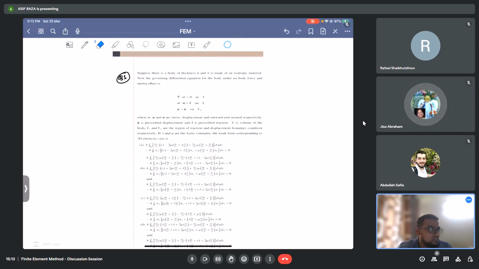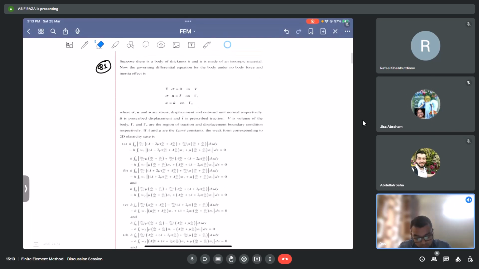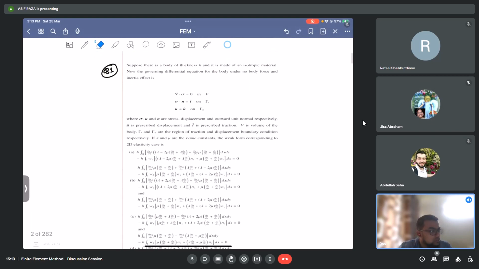So we'll start today's session with the first question relevant to week 9, or assignment 9. I hope it's visible to all. The question is: suppose there is a body of thickness h made up of an isotropic material. The governing differential equation for the body under no body force and inertia effect is given by this, where sigma, u and n are stress, displacement and outward unit normal respectively.